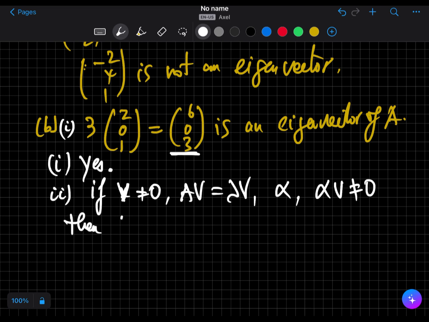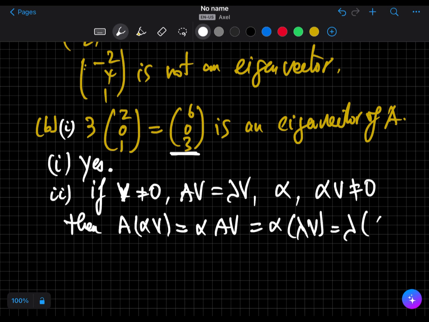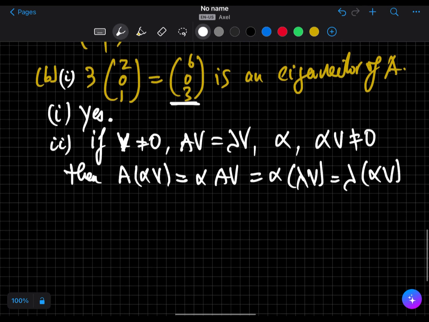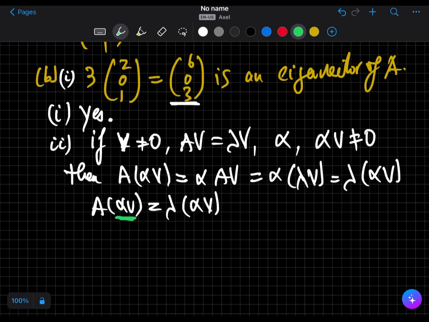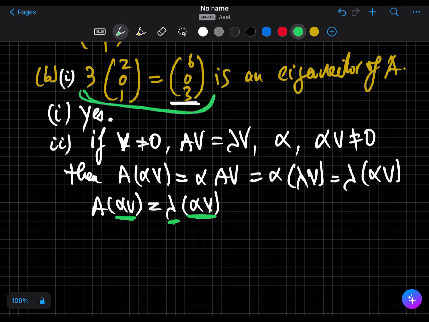Then we have that A alpha V equals alpha AV, which is equal to alpha lambda V, which is equal to lambda alpha V. So we have that A alpha V equals lambda alpha V. Therefore, you can see that this is also an eigenvector. Alpha V is also an eigenvector of matrix A for the same eigenvalue lambda. Therefore, this statement is true.